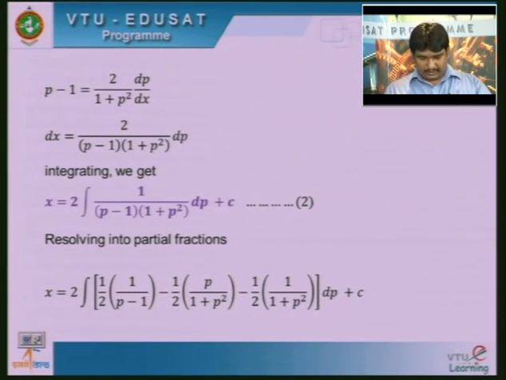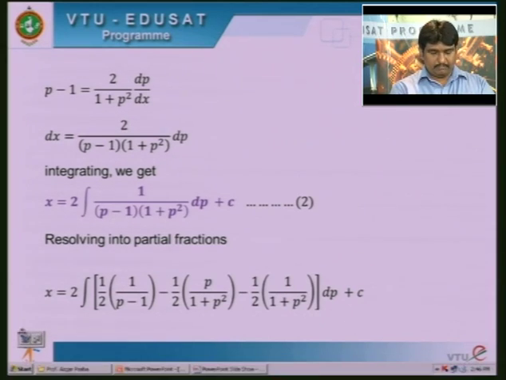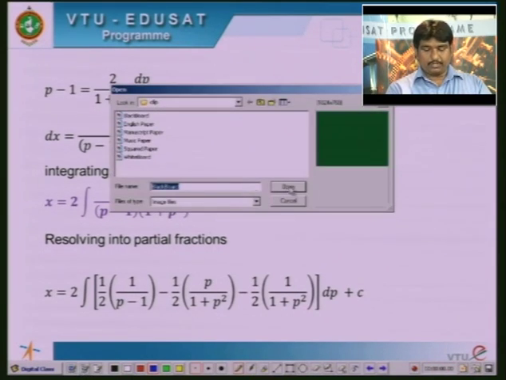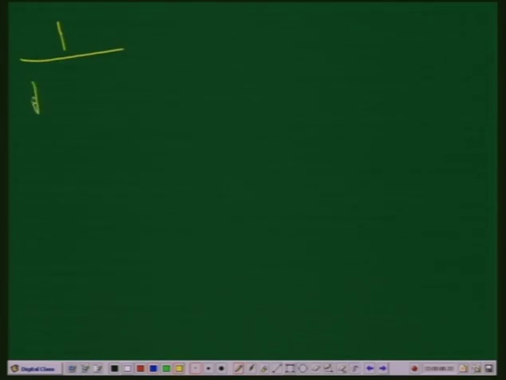How to resolve this? You are familiar with the method of resolving a proper fraction into partial fractions. We have 1 divided by p minus 1, one linear factor and one quadratic factor.